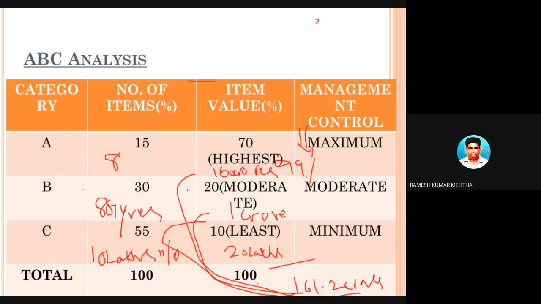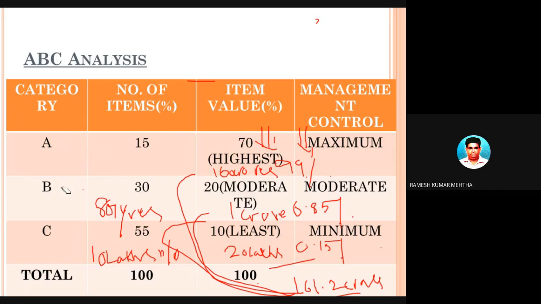Total value of the inventory, 99% belongs to A category, about 0.85 percentage belongs to B category, and the remaining 0.1% value belongs to the C category, as far as value is concerned. So hope you have understood it.